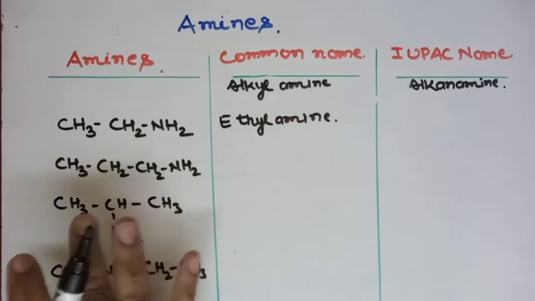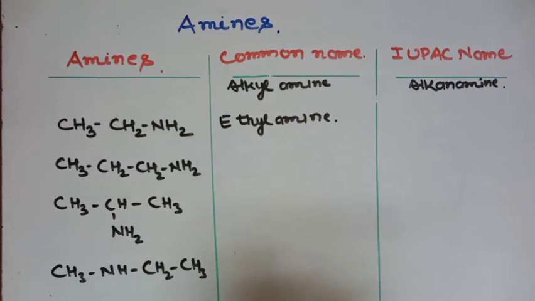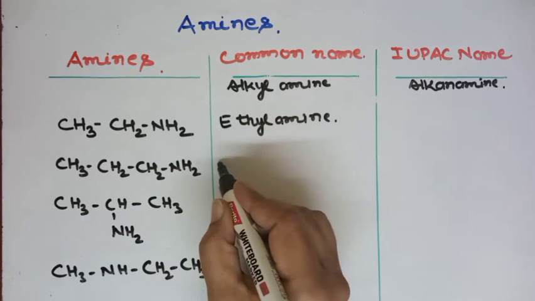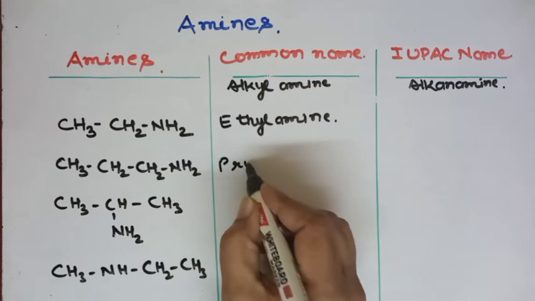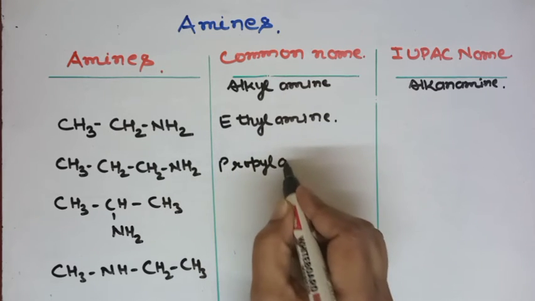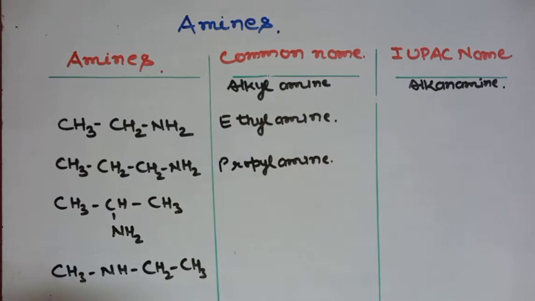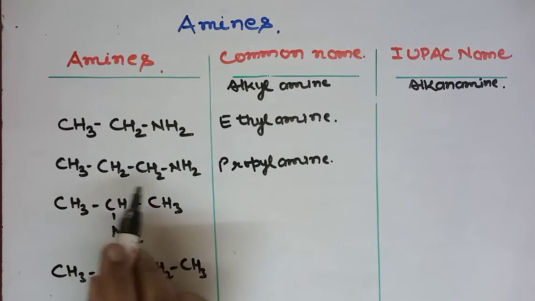Let us write all the common names first, so we will not get confused with the IUPAC name. Now this one has 3 carbon atoms, so this is the propyl group, so we write propylamine. This propyl can also be connected with the central carbon atom. This one is the straight chain.